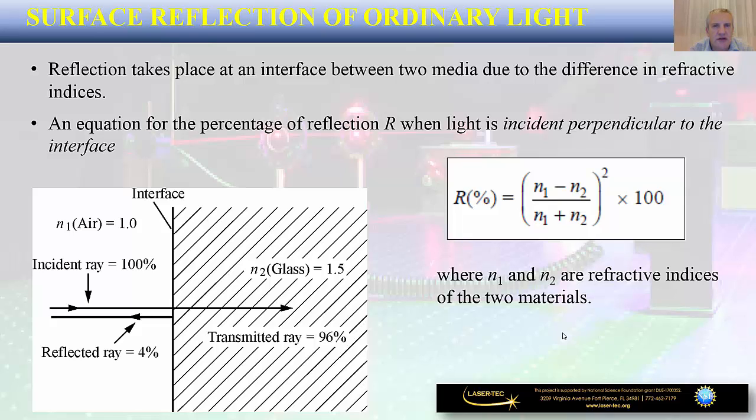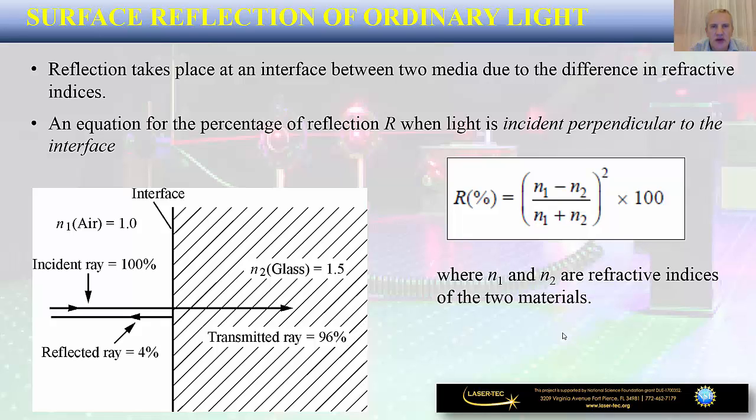Each of these two media is characterized by the index of refraction. In the case of air, the index of refraction is equal to 1, and in the case of glass, we are dealing with a type of glass that has an index of refraction equal to 1.5. What we are interested in here is what is happening when the light hits the boundary between the air and the glass.